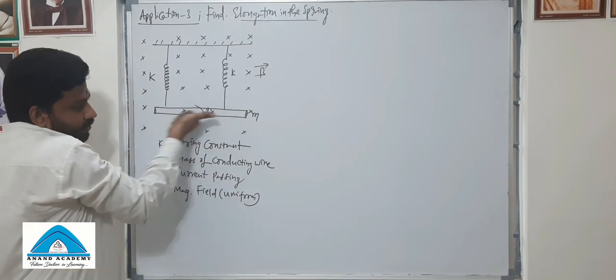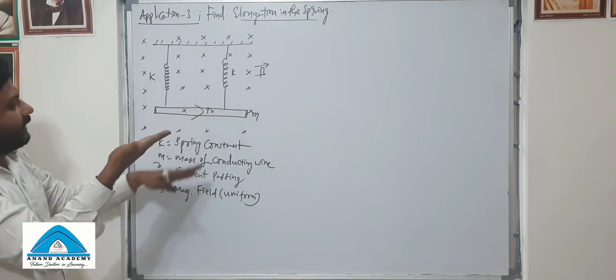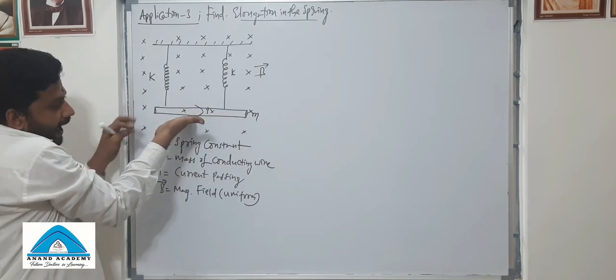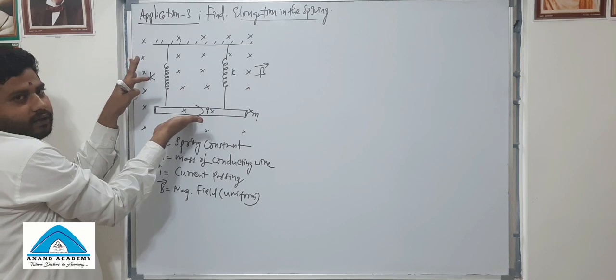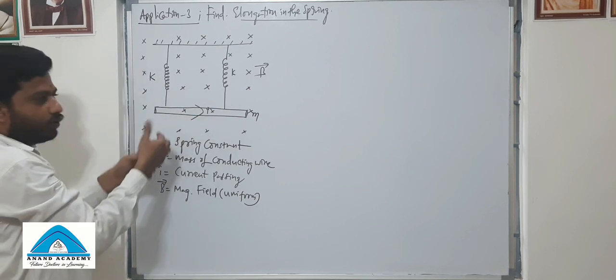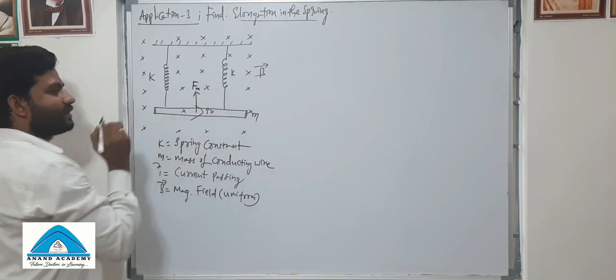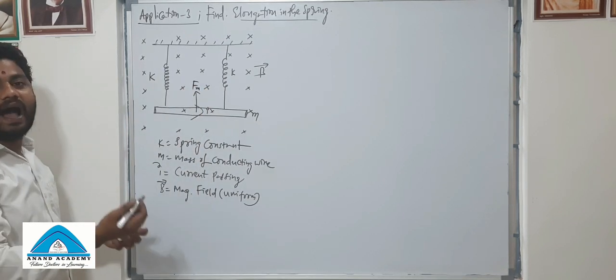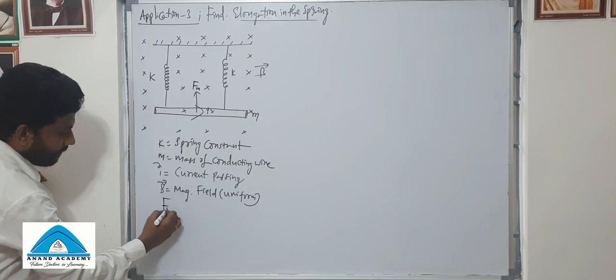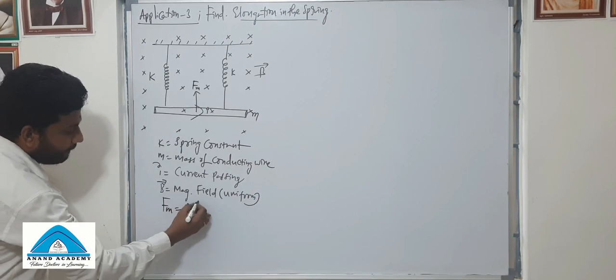This is the current, the stretched fingers are moving into the plane, and the palm facing will give you the direction of magnetic force. So here the magnetic force is acting in this direction. What is that? BIL.